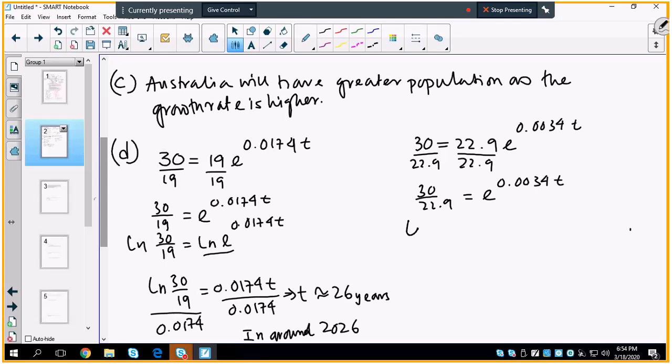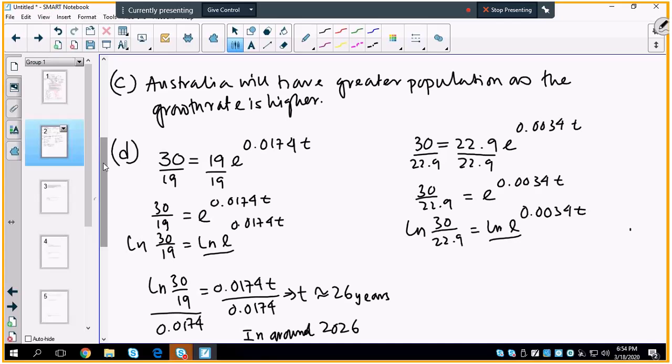Take natural log on both sides. So I get natural log of 30 over 22.9 is equal to natural log of e to the power 0.0034t.